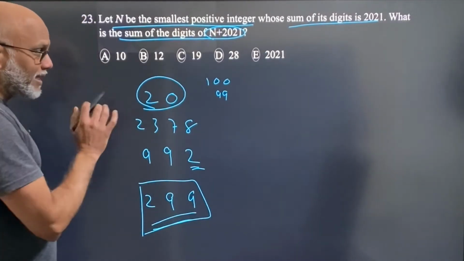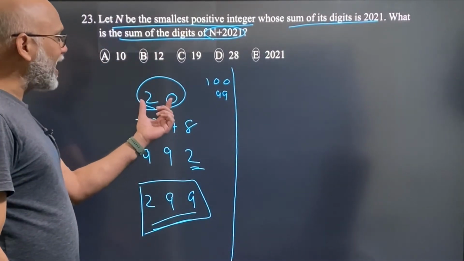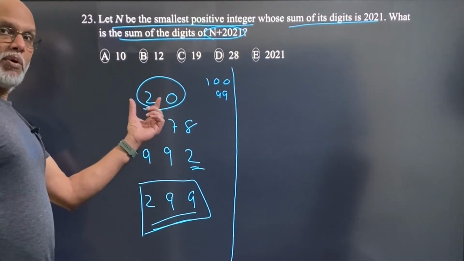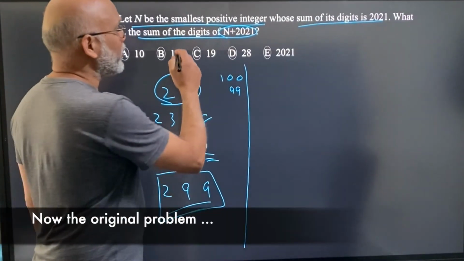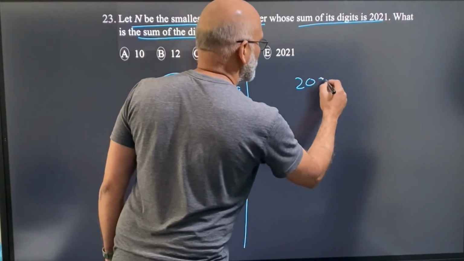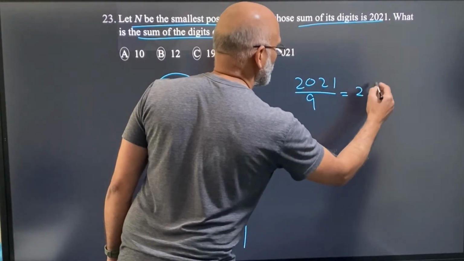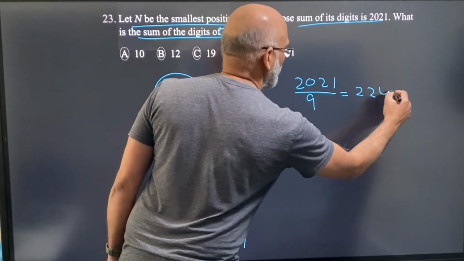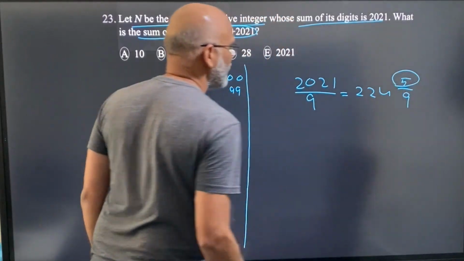All right. So this is the main concept. Basically, we want to see how many 9s I can take from here, and then what is remaining, right? So now let's look at the original problem. I'll use the same concept. So 2021, how many 9s are there? This is going to be 224, and the remainder is 5.